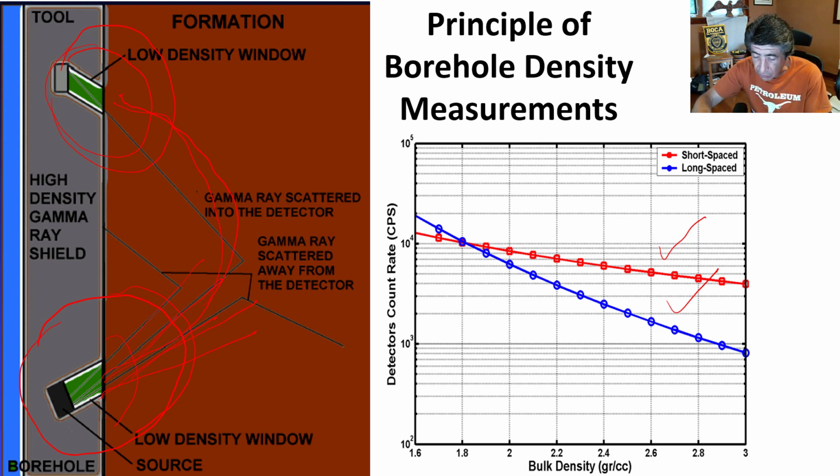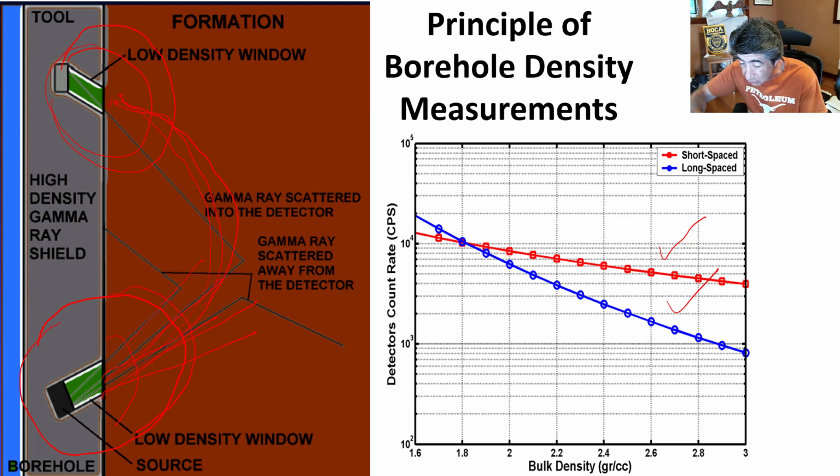What happens is that the denser the material is, the lower the number of gamma rays that are captured in the sensor, and the lighter the medium is, the higher the number captured by the sensor. So the count rate, when calibrated properly, can yield some indication of the bulk density.